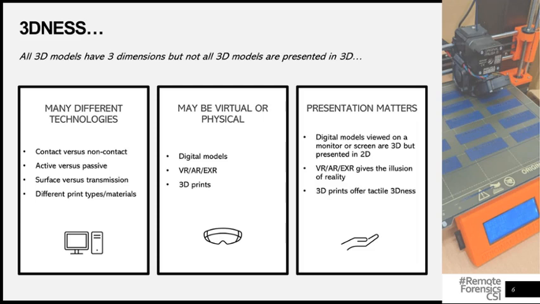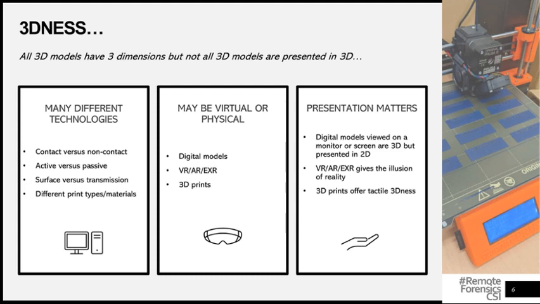And then, of course, as I alluded to as well, the presentation matters. So this idea that all 3D models are 3D, but they're not always presented in 3D, comes from the fact that 3D digital models are presented on our screen in 2 dimensions. So yes, we can interact with them, we can zoom in, we can zoom out, we can spin them around, but ultimately they're not popping out at the screen towards us, they are still being presented in 2D.